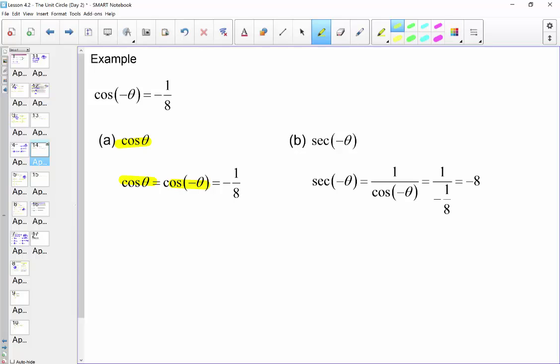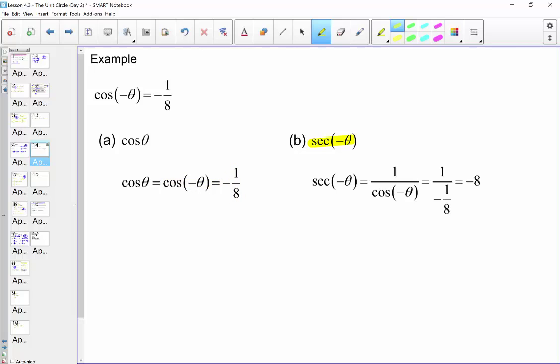In other words, if we look at the cosine of negative theta, the cosine of a negative angle, or an angle in the fourth quadrant, is positive. So therefore, it's equal to just the positive cosine of theta. Since the cosine of negative theta is given to us in the problem equals negative 1/8, the answer is negative 1/8.